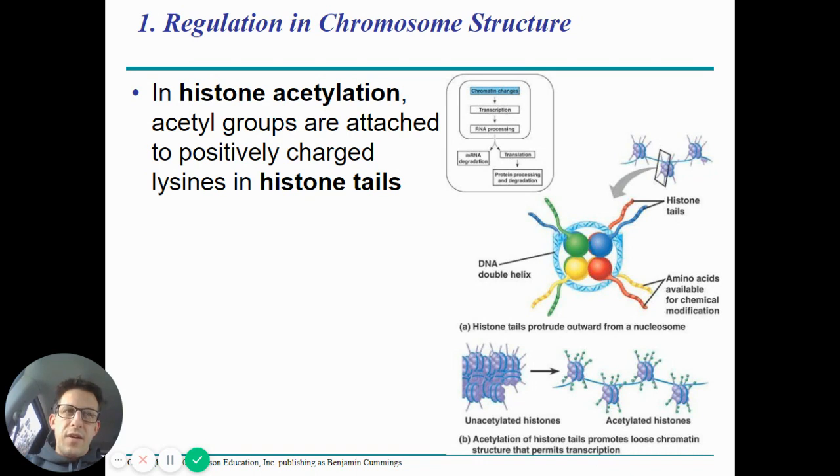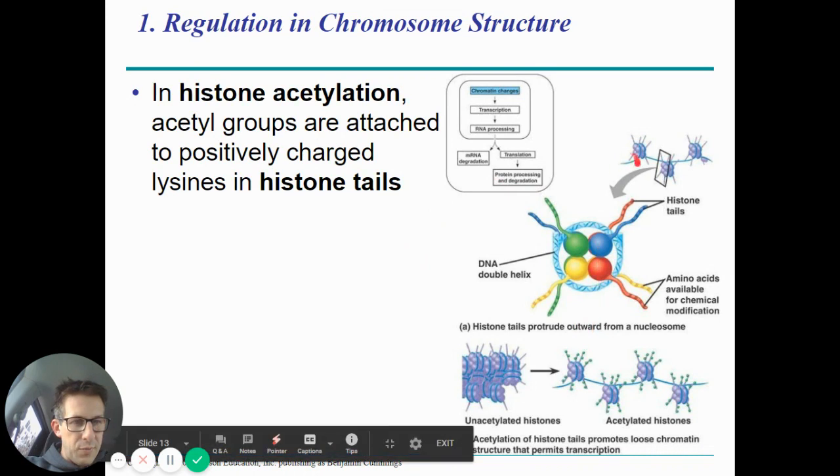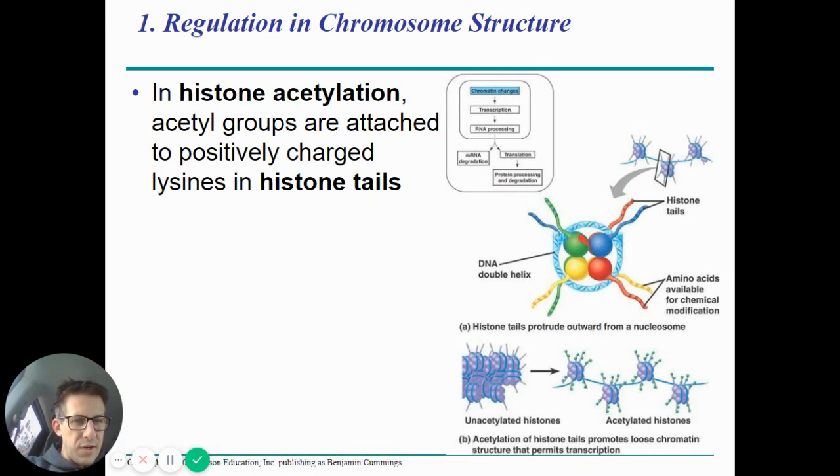When we look at the very base level of DNA folding, we talk about histones. It was the histones, and this is almost an identical picture to what we saw before. These little colored spheres with the tails on them are histones, and the DNA wraps around them, like the spool with the thread.